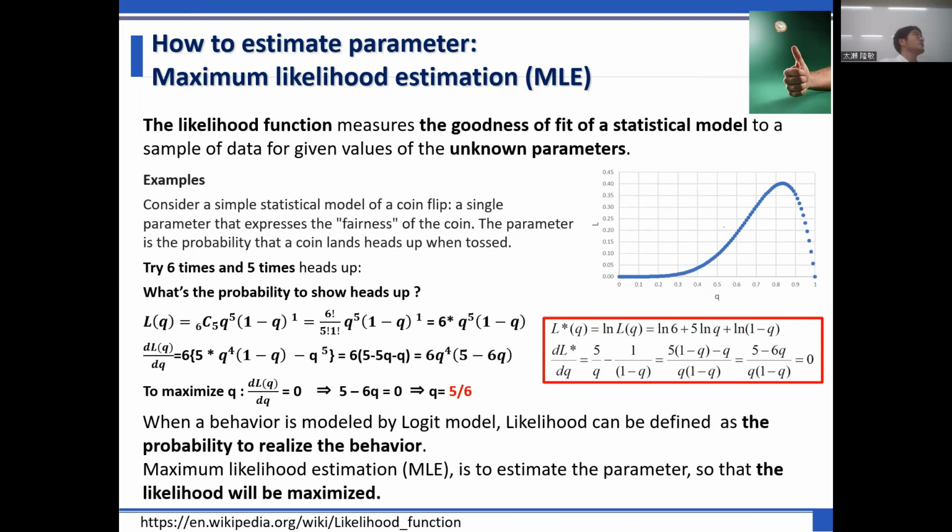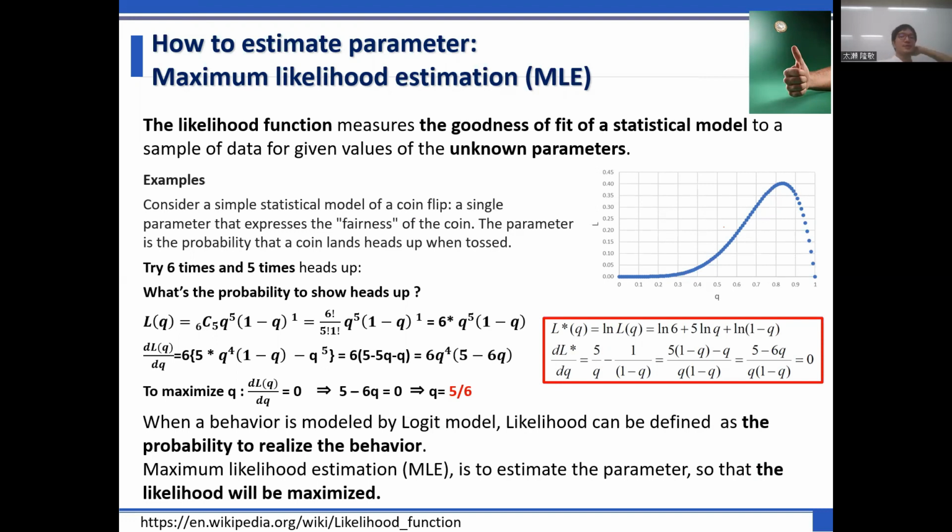Yes, it's a very complicated term. However, let me explain by picking up some examples. Consider a simple statistical model of a coin flip.